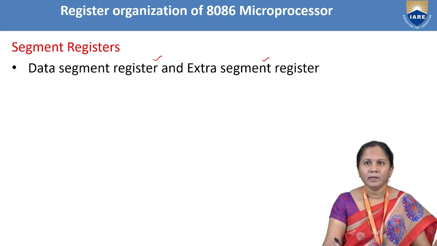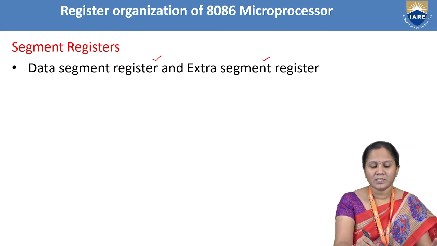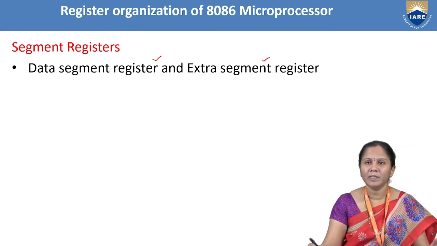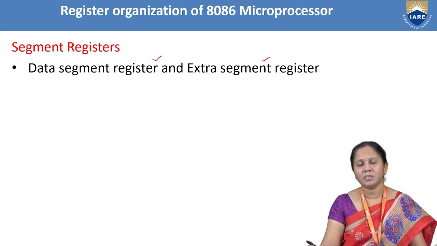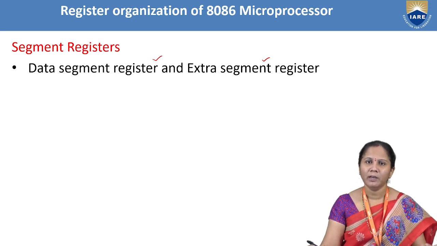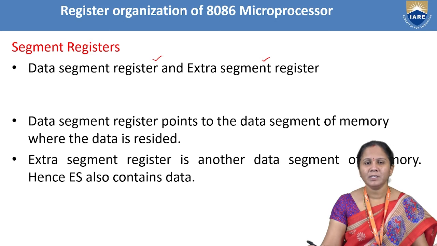Coming to the next segment registers, they are the data segment register and the extra segment register. Both are the same. That means both registers are capable of storing data only. The inputs and the variables will be stored in the data segment register or extra segment register.